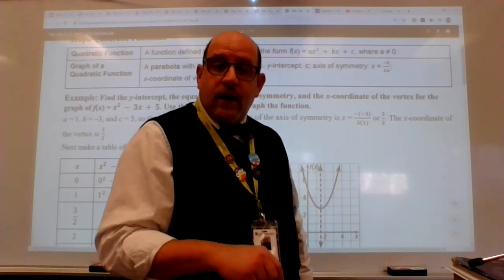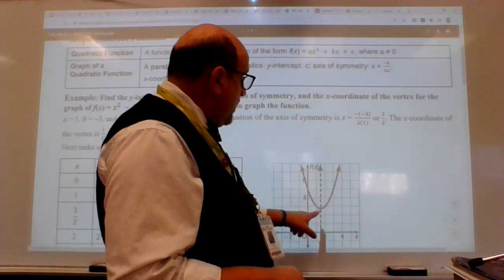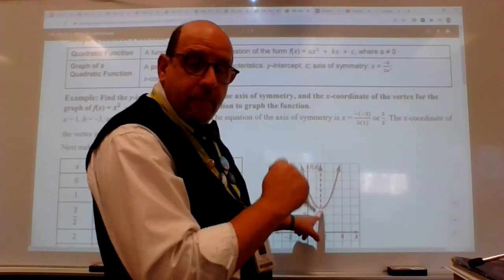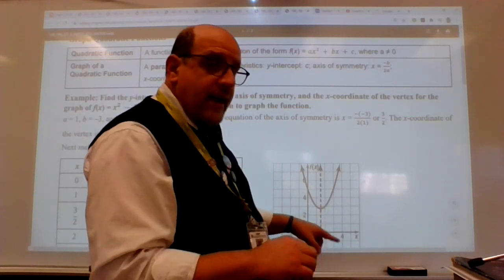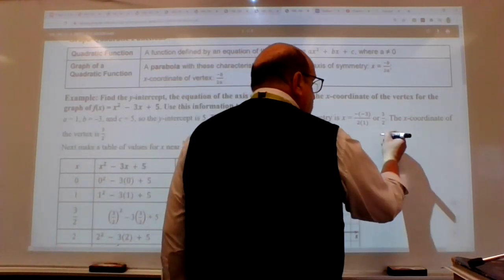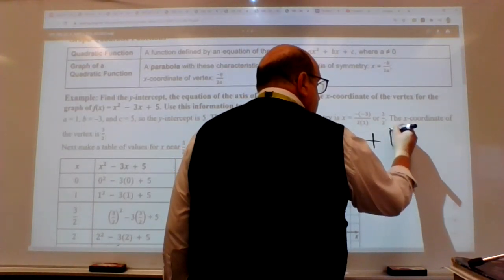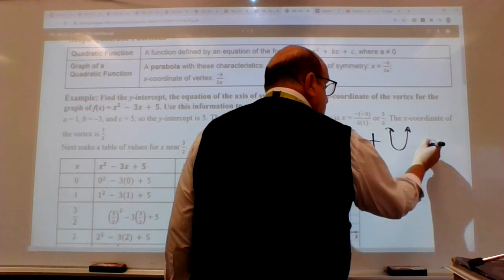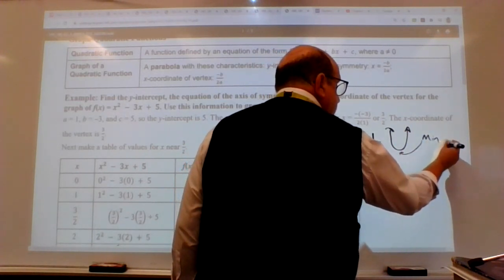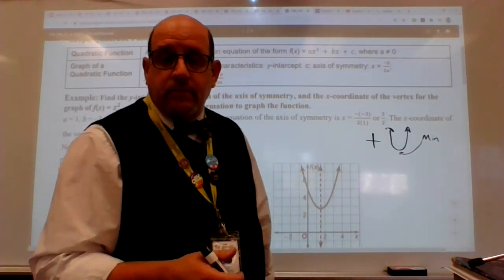And the last piece of information before I move on is if your parabola is positive and it's pointing up, then it has a minimum value. So we say positive points up. It has a minimum right there. I'm just going to abbreviate it by writing the word min.